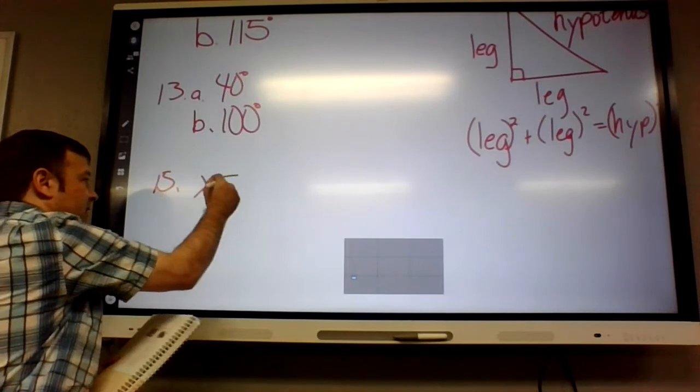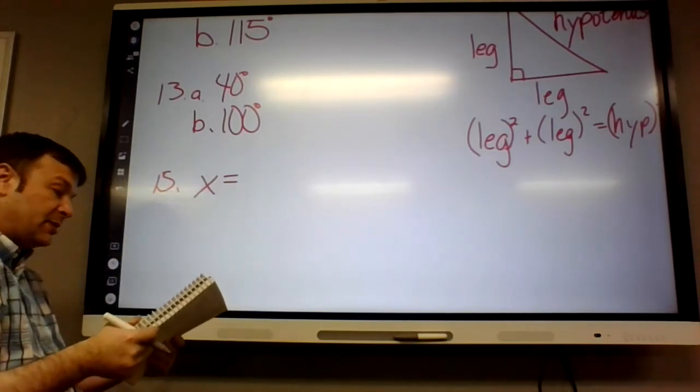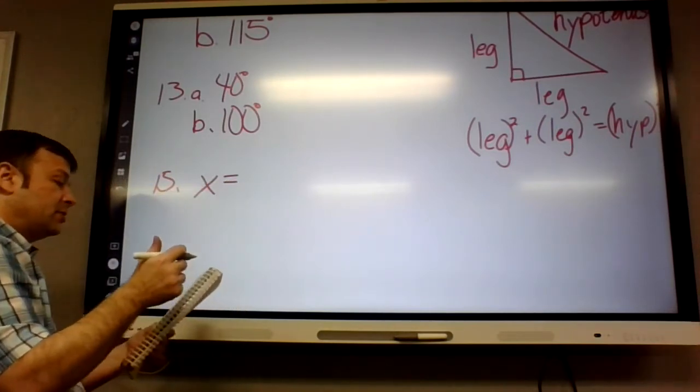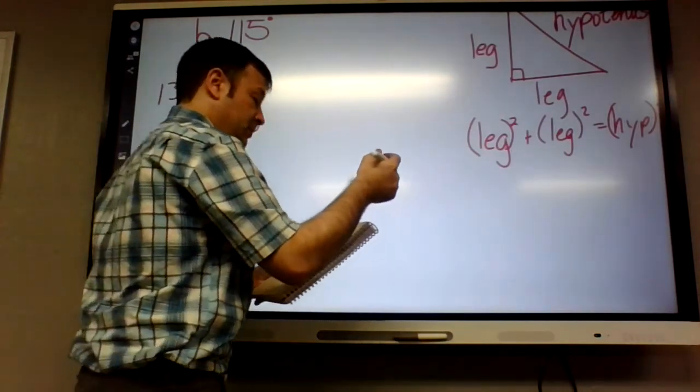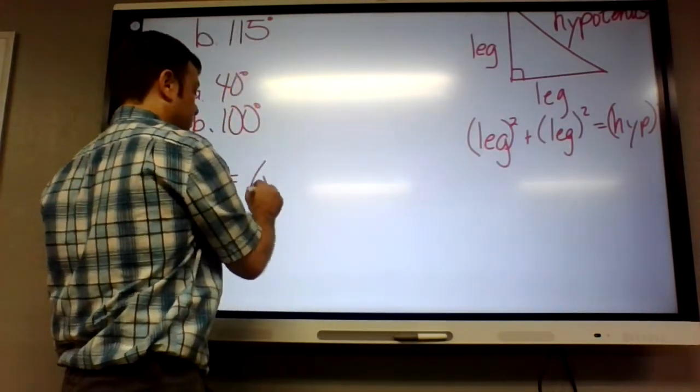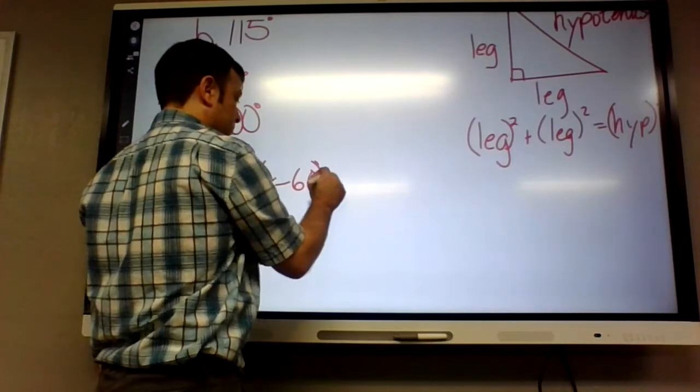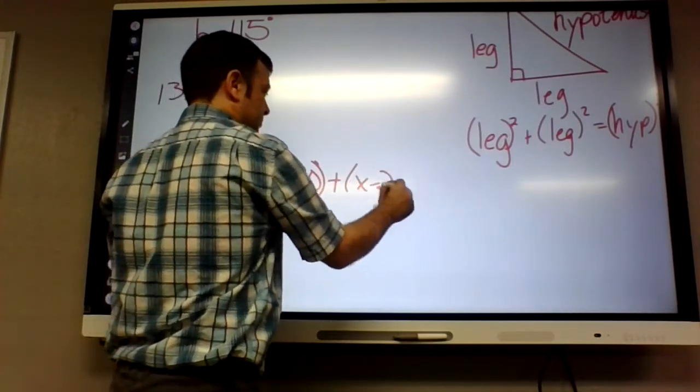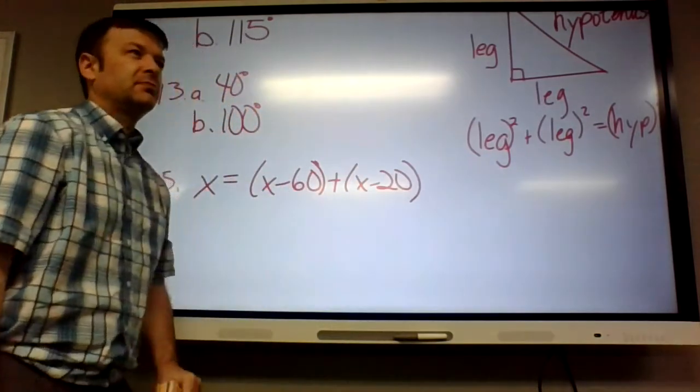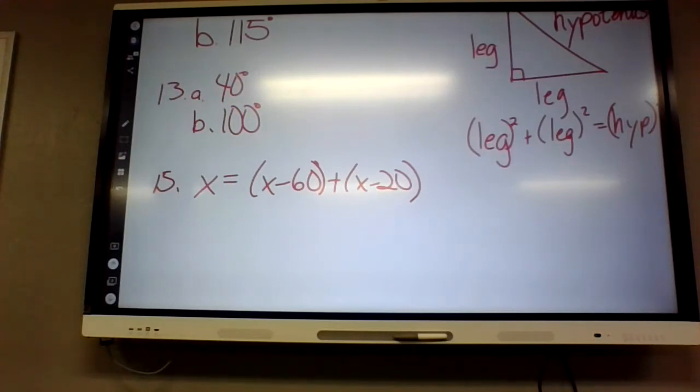Exterior angle, x degrees, is equal to the sum of the other two far angles, x minus 60 plus x minus 20. All right, algebra time.